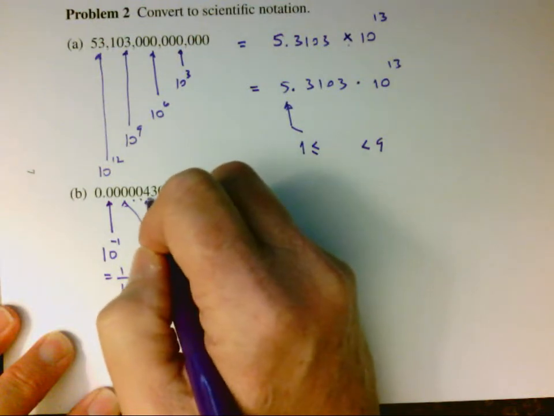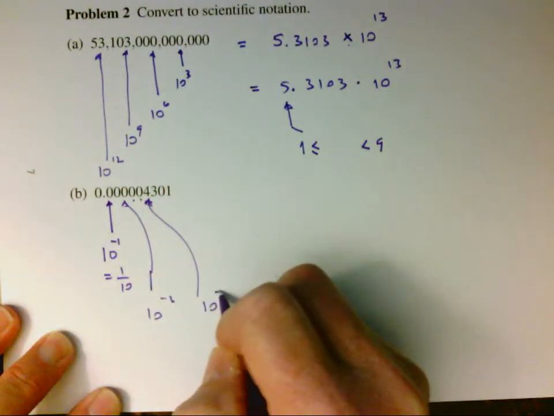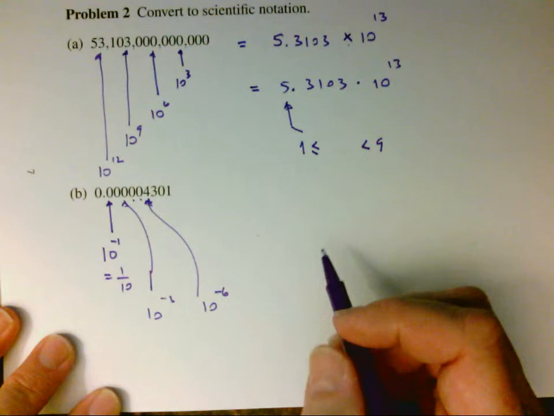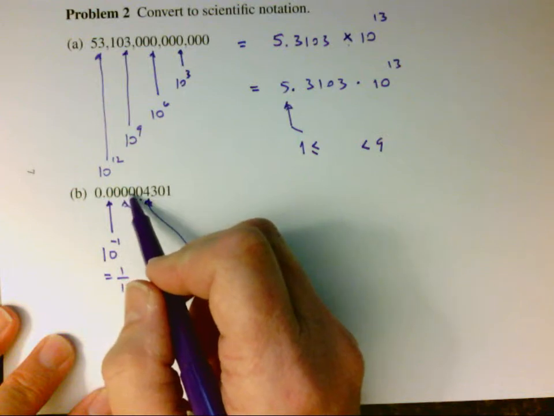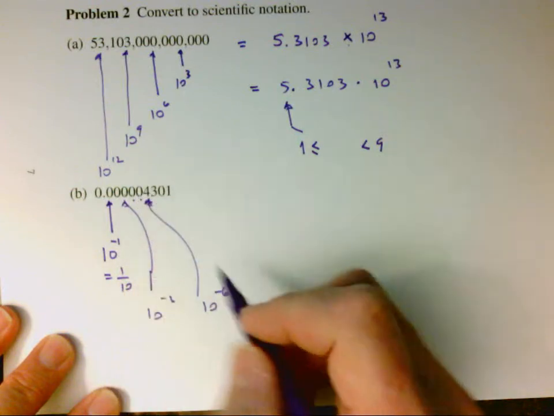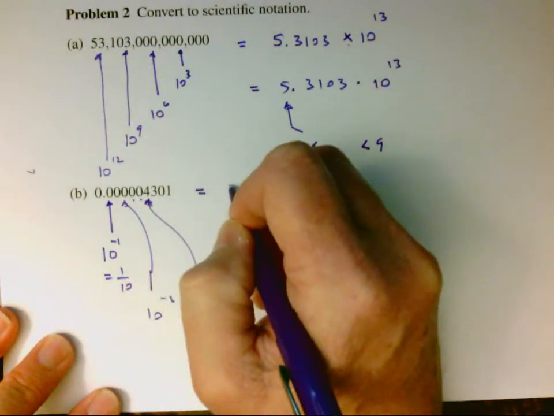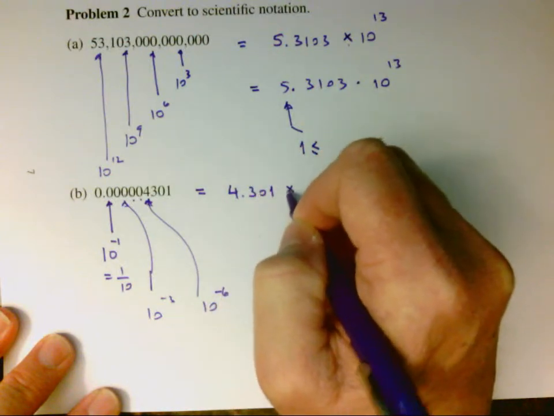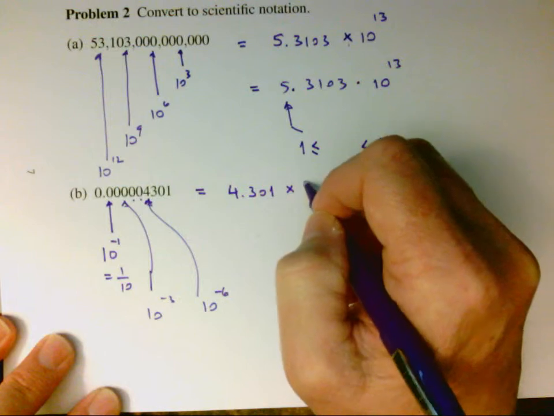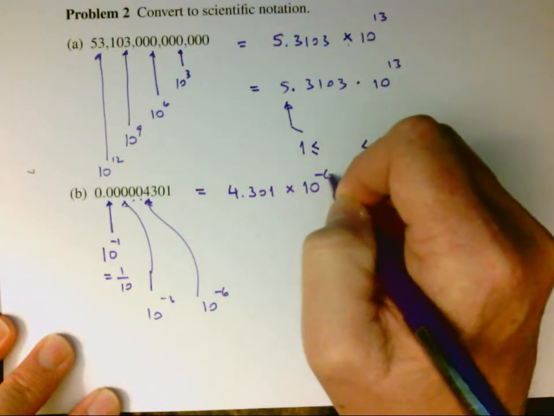The 4 is in the 10 to the negative 6 place. And all I did was count from the decimal starting at negative 1. 10 to the negative 1, negative 2, negative 3, negative 4, negative 5, negative 6. So this has got to be 4.301 times, however you write it, 10 to the negative 6.